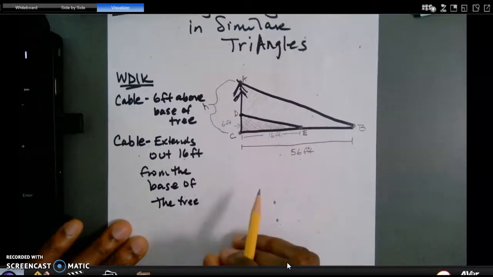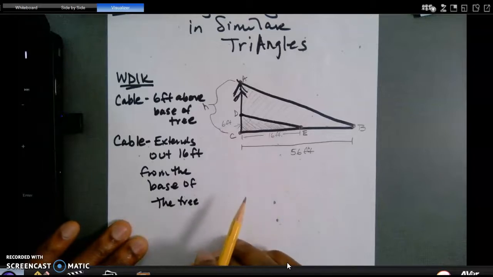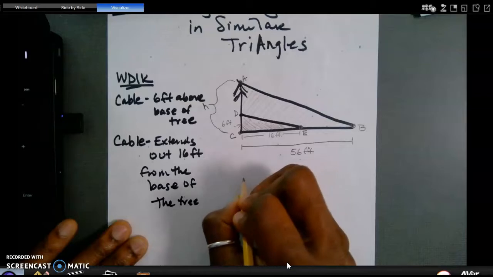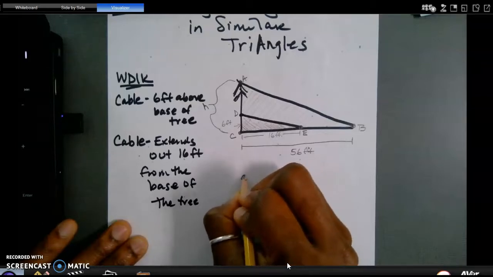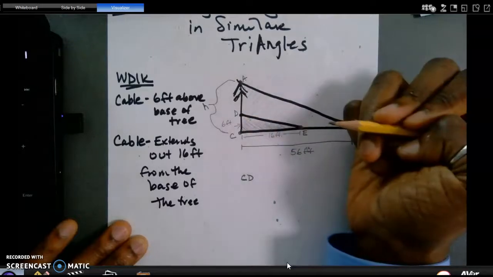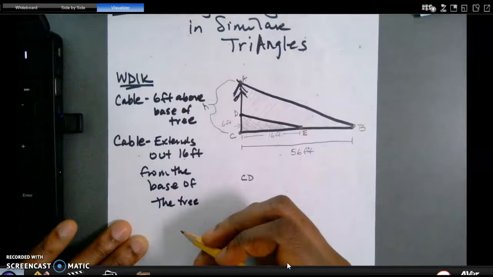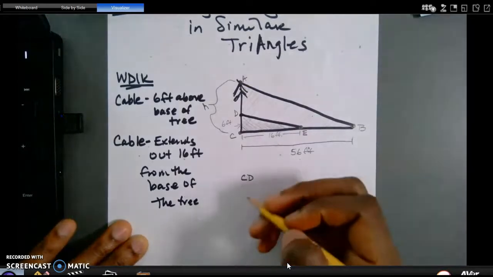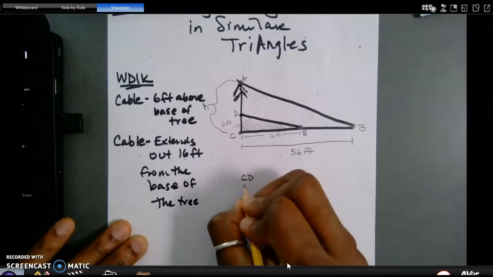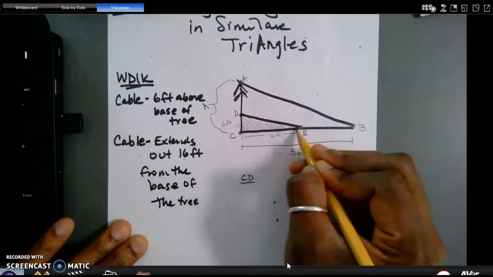All right. So we want to compare similar or corresponding sides to come up with our proportion. So I'm going to compare CD, that's how you label them. This is this side of this smaller triangle to the overall side here. So we're going to do CD, parts of this triangle to parts of this triangle.